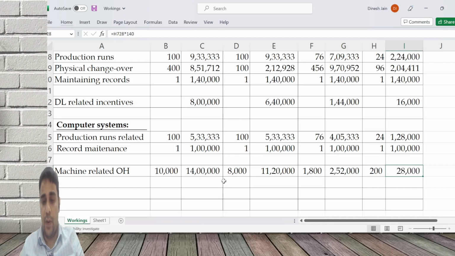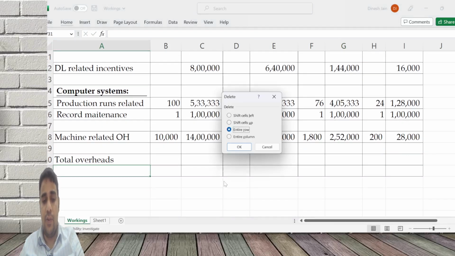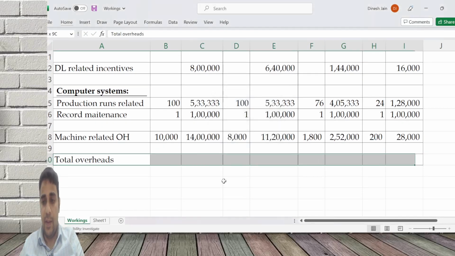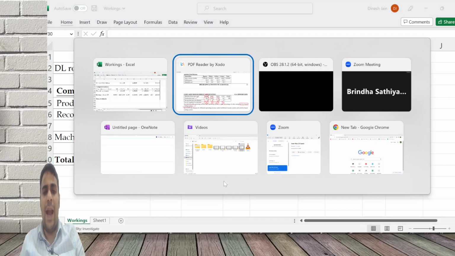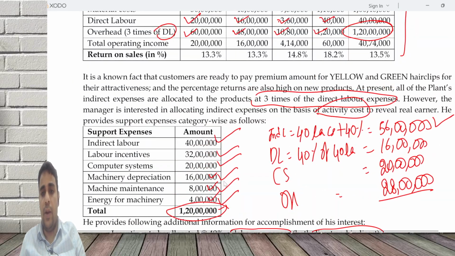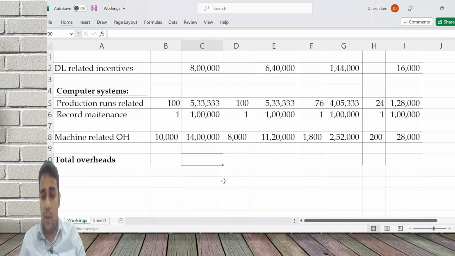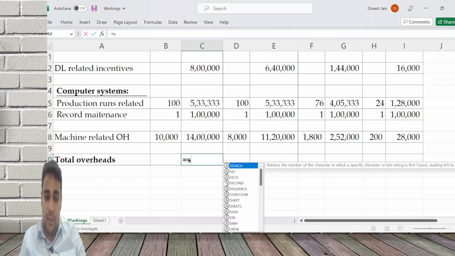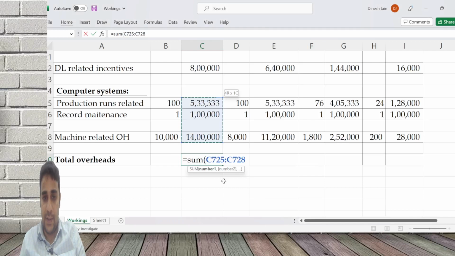Recovery rate is 140. This will give us total overheads. The total overhead should add up to 1 crore 20 lakhs for 4 products. Some up and down rounding difference can be there. Product wise, we'll get the total overheads.